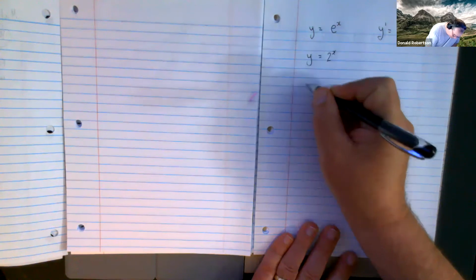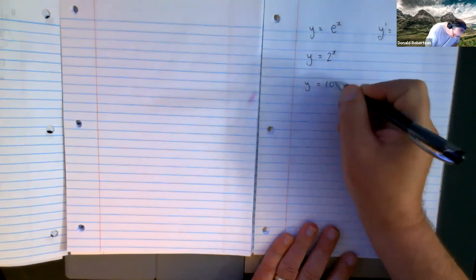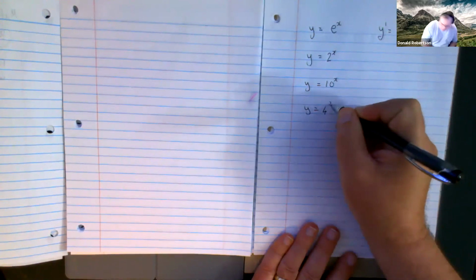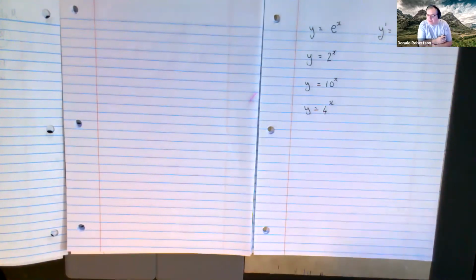But we discovered that you can actually differentiate any power of x, 2 to the power of x, 12 to the power of x, 4 to the power of x, anything you like.